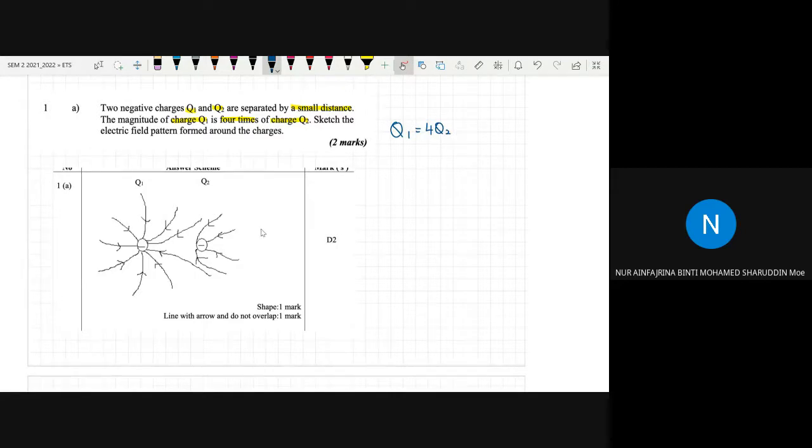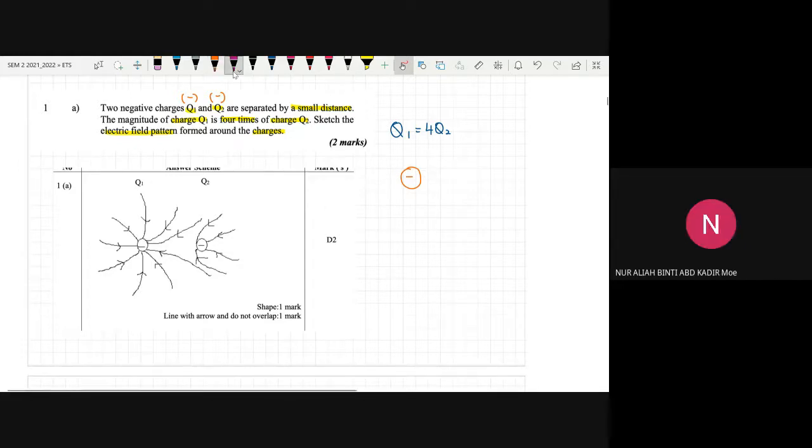The question asks us to sketch the electric field pattern around the charges, and both charges are negative. My question is, for a negative charge, will the electric field be towards the charge or away from the charge?